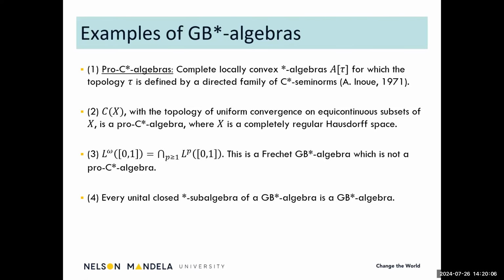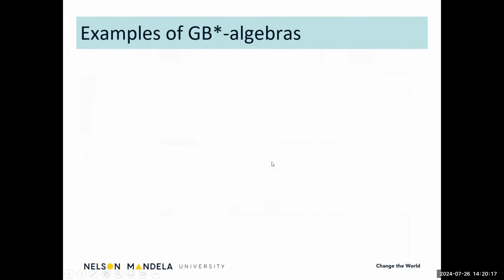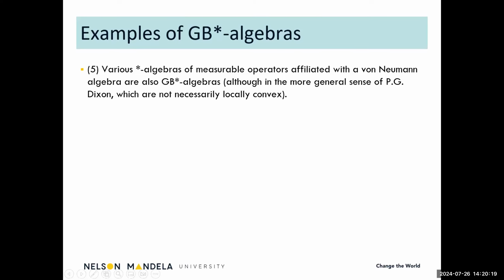And then every unital closed star subalgebra of a GB star algebra is GB star, like we have in a C star algebra. And then also the various star algebras of measurable operators affiliated with the von Neumann algebra are also GB star algebras. Although now, in those, the topologies, which generalize the topology of convergence in measure, need not be locally convex.